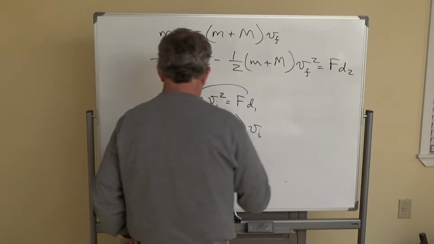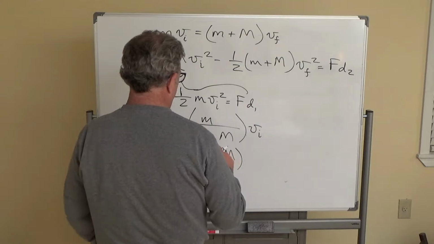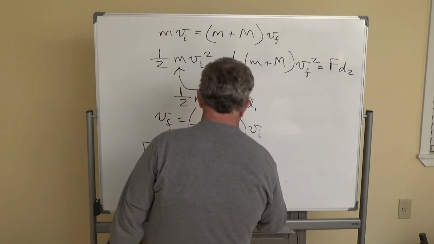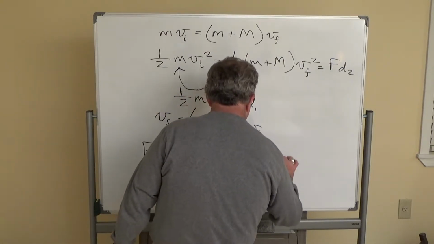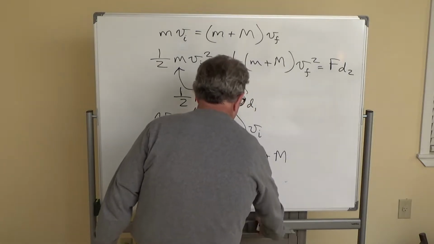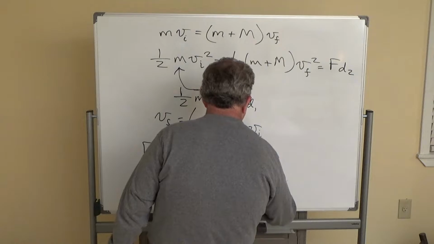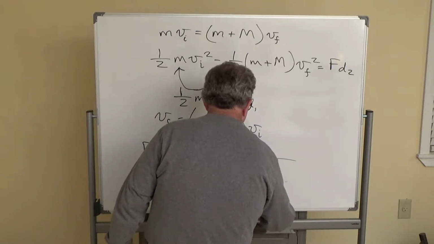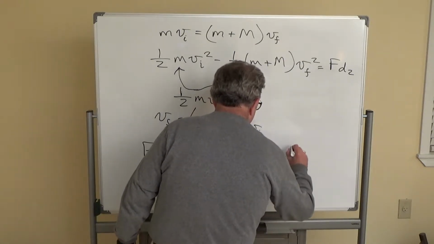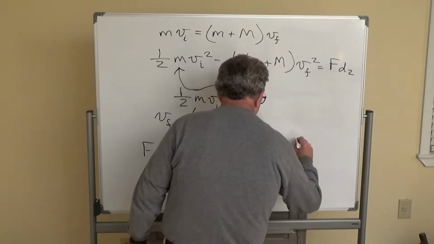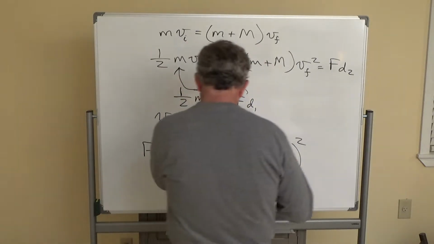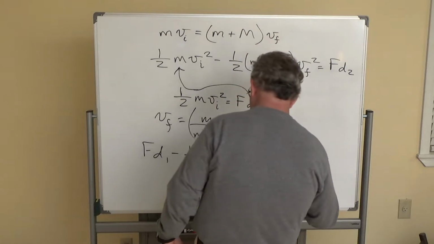So you get this squared. You get little m plus big M, substituting here, little m over little m plus big M, squared, times V initial squared.